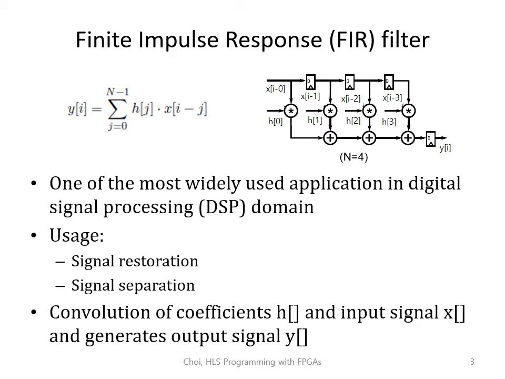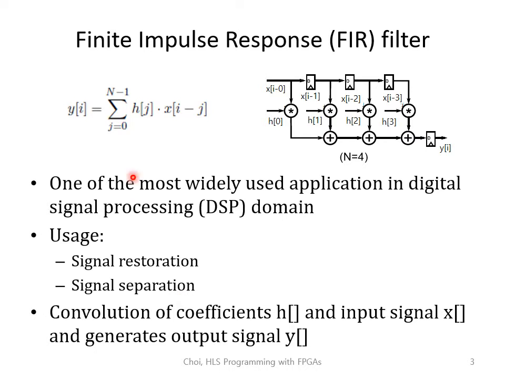The FIR filter is one of the most widely used applications in the digital signal processing domain. It is typically used for signal restoration and signal separation. For example, you could do low-pass filtering to get rid of the high-frequency signal and only obtain the low-frequency signal.